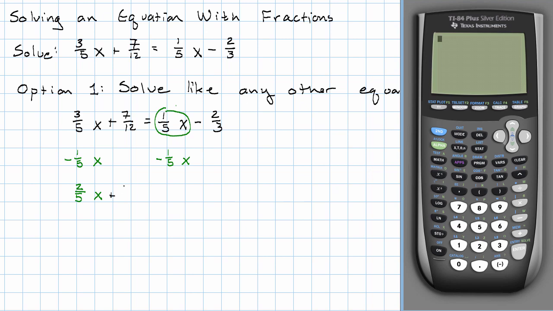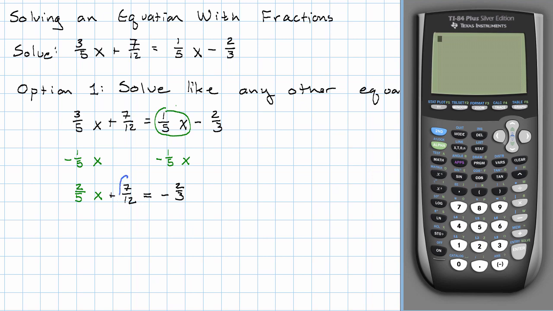I haven't done anything with the 7/12 yet. 1/5 x minus 1/5 x is just 0. I'm just left with negative 2/3 on the right.